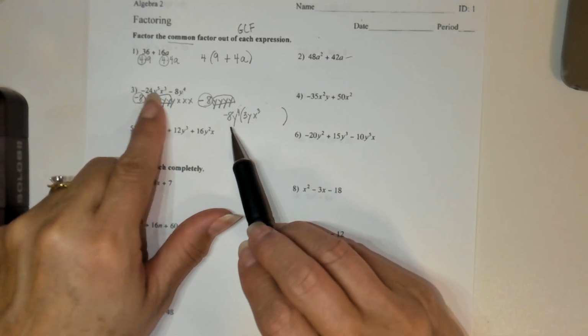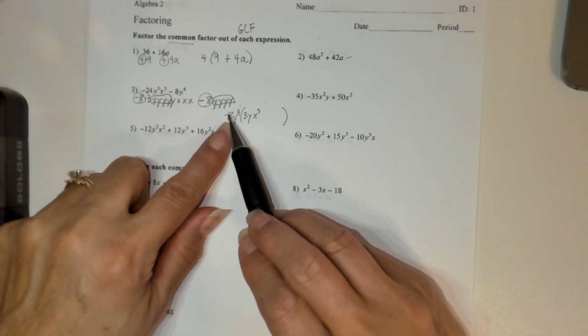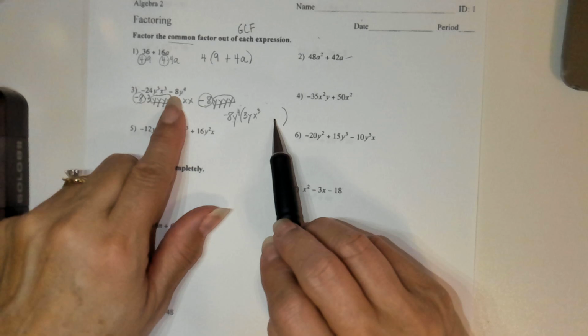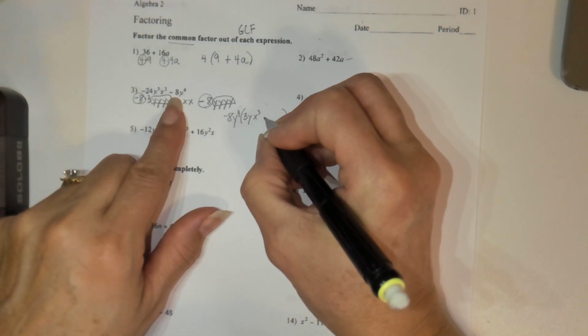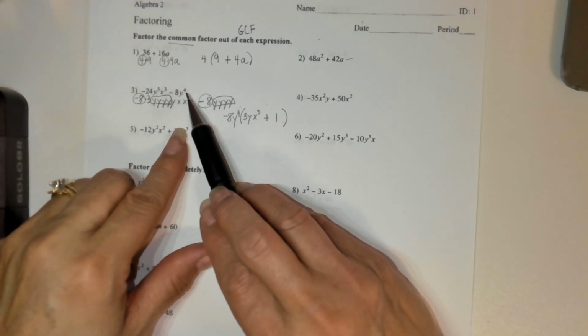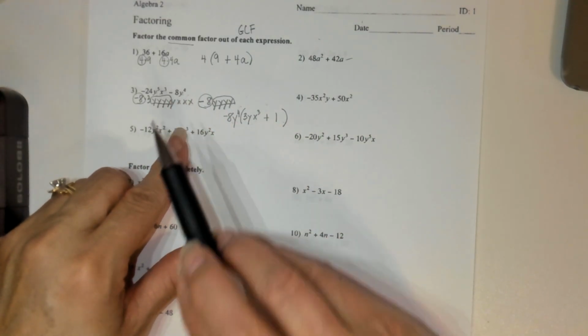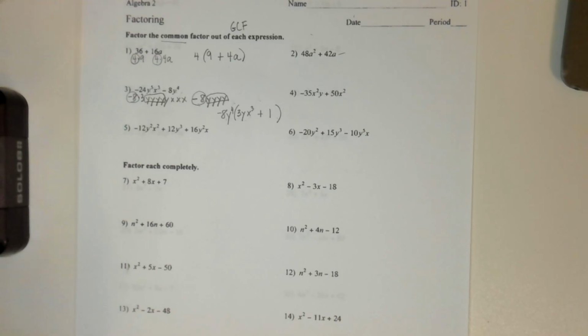So if these multiply to get the first piece, what times negative 8y to the 4th is going to give you negative 8y to the 4th? A positive 1. 1 times that piece is that negative 8y to the 4th. And that is what they're talking about factoring out the greatest common factor.